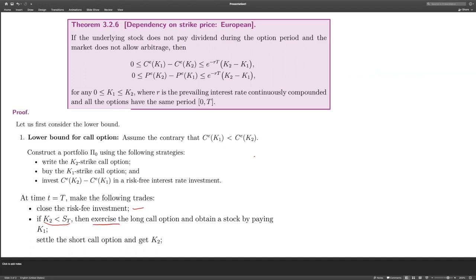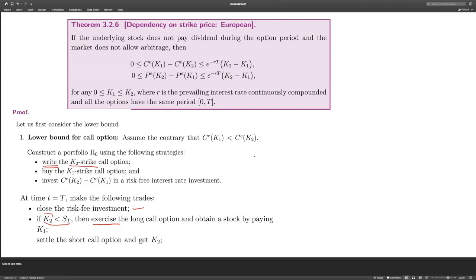Remember, K2 strike was written by you. So the buyer of it from you will try to exercise the call option if your strike price is cheaper than the current market price, because he is getting it from you for a cheaper price. Therefore, he will try to come and exercise the option.